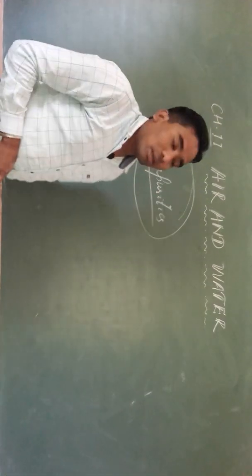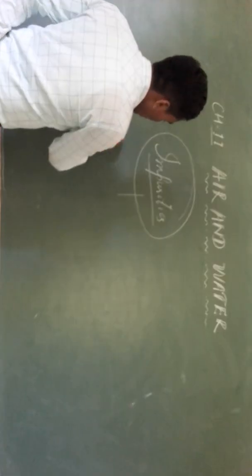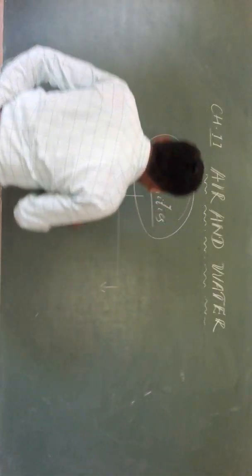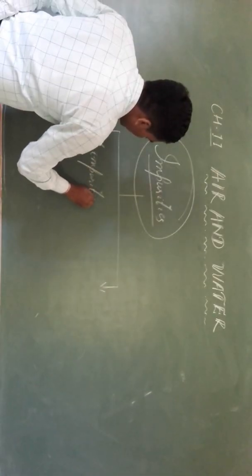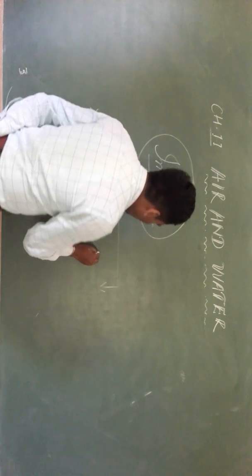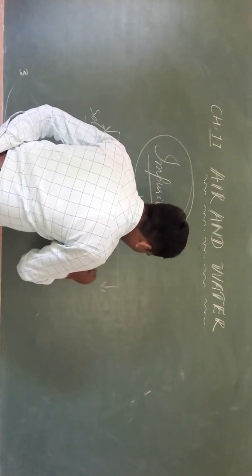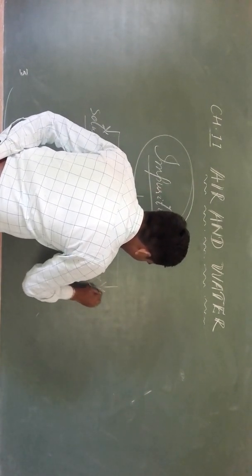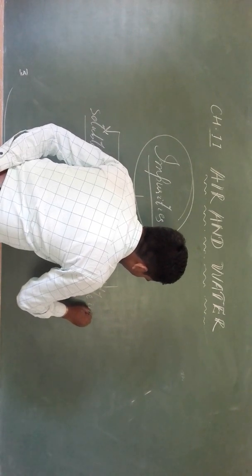So, the impurities can be divided into two types. One is the soluble impurities and second one is the insoluble impurities.